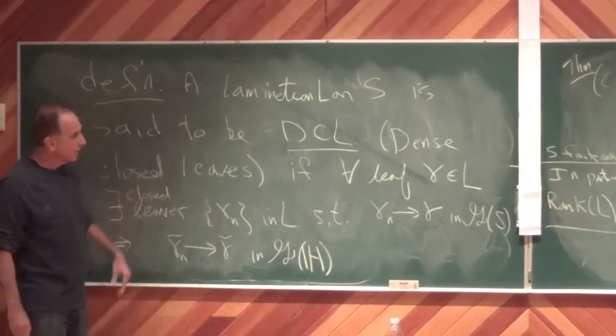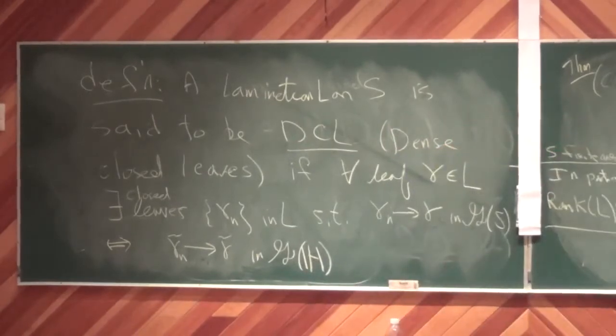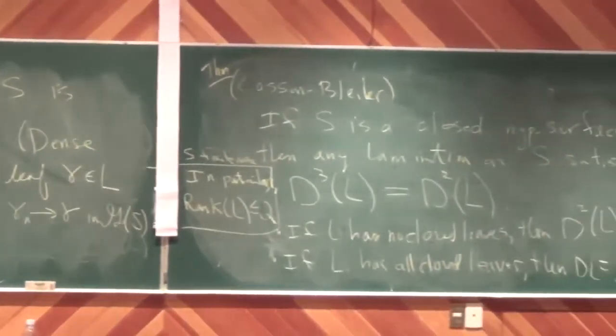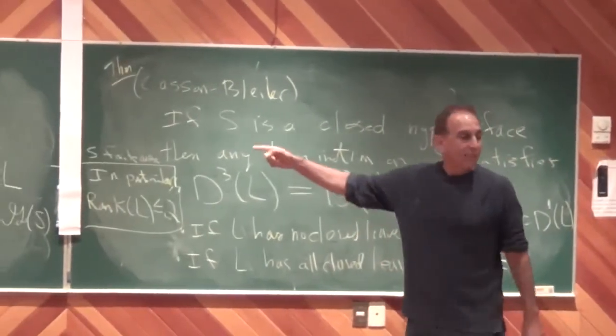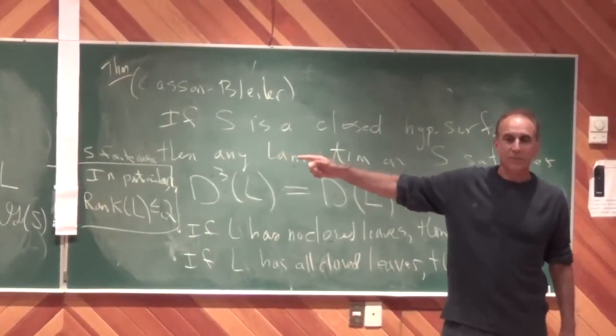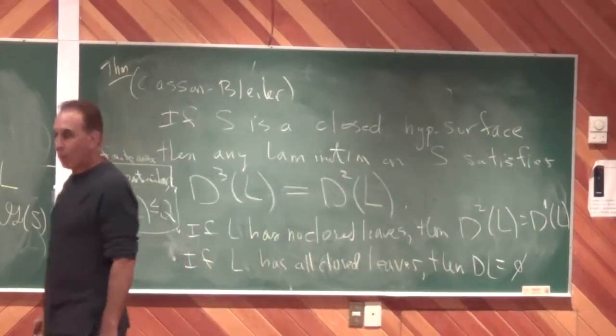So this definition, well, it's a definition: dense closed leaves. It's not very interesting for finite topological type surfaces. Why?